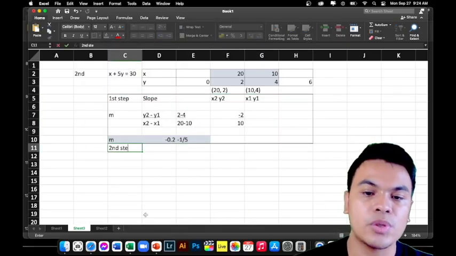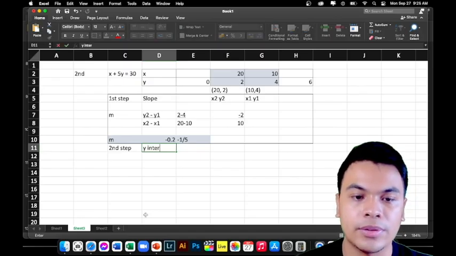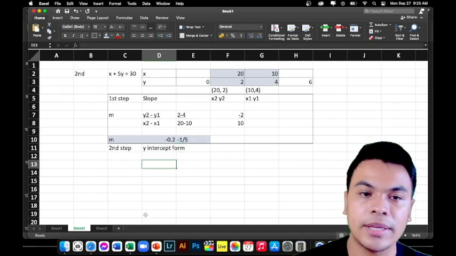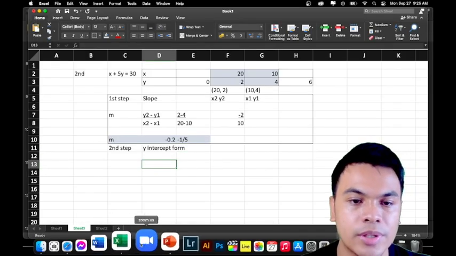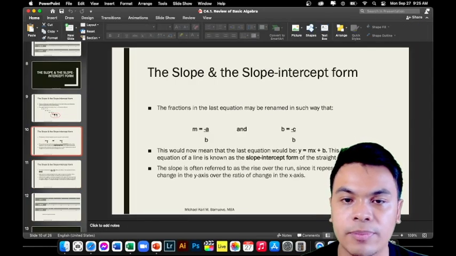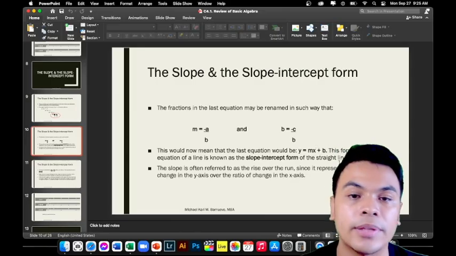Again, the second step is we identify the y-intercept. We have the y-intercept form, and we are trying to identify the value for b. Going back to our discussion earlier, the formula for the y-intercept form is y is equal to mx plus b. b is the y-intercept.